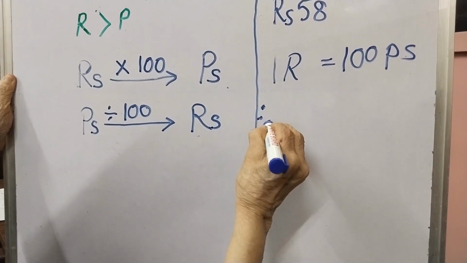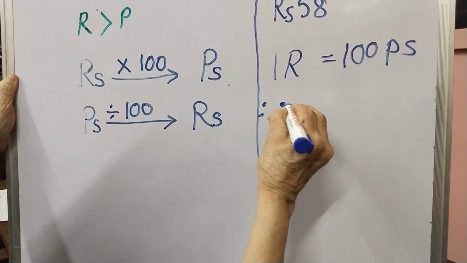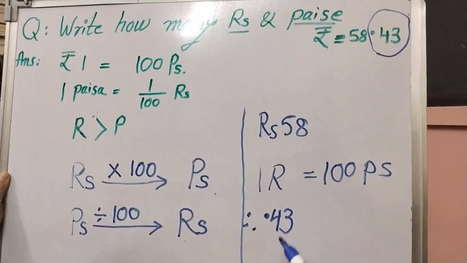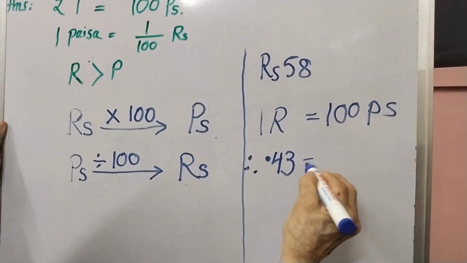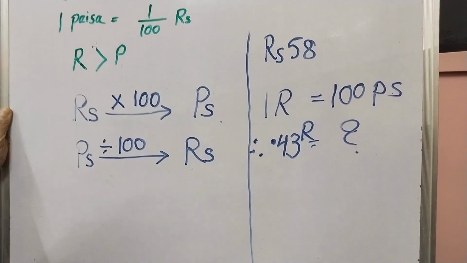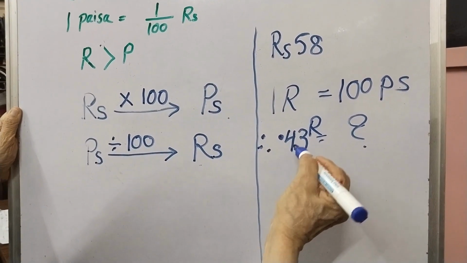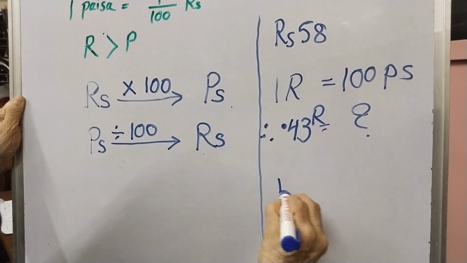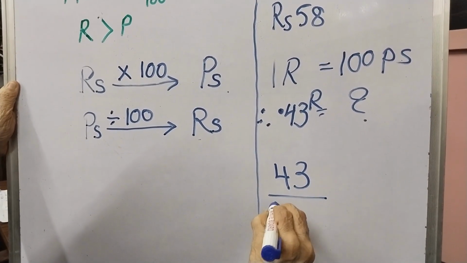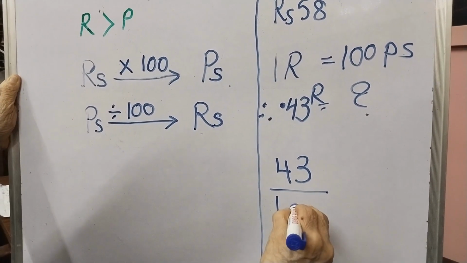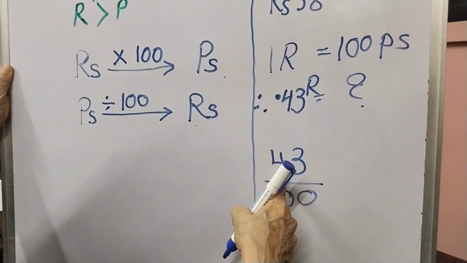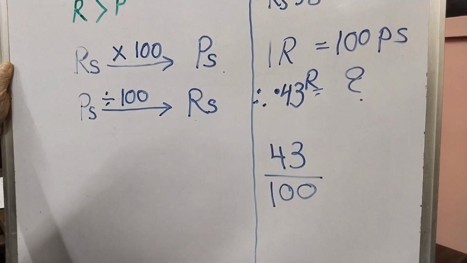Therefore, 0.43 rupees, which we have taken from here, is equal to how many paisas? Now we know that 0.43 means 43 upon 1 and 2 zeros, because there are 2 digits in the numerator.